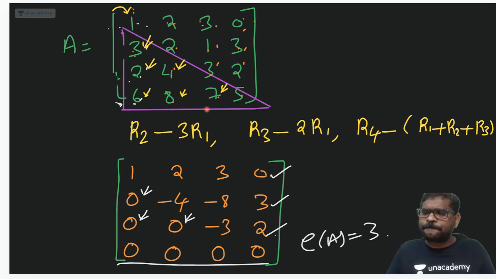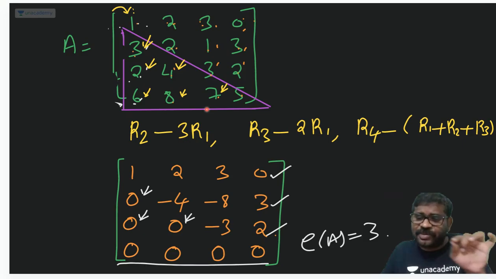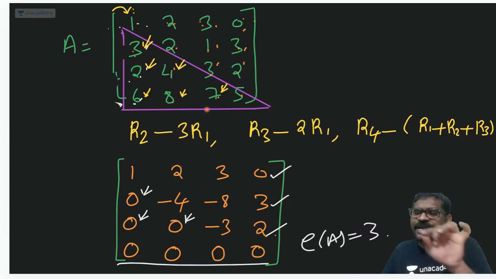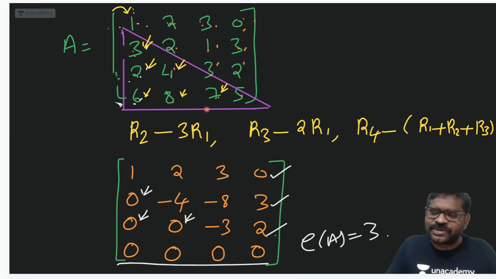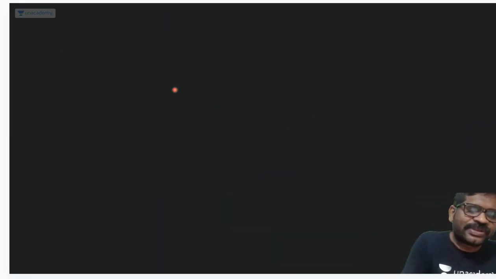Now, reduce all the elements covered by the right angle triangle to 0 by using elementary operations. If it satisfies both the conditions of echelon form, count the number of non-zero rows. Rank is 3. Next example.